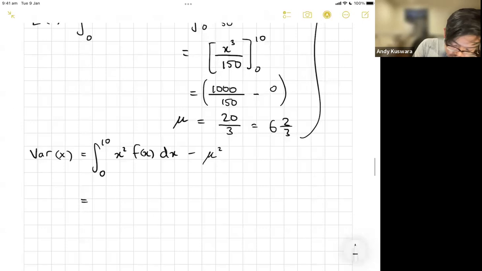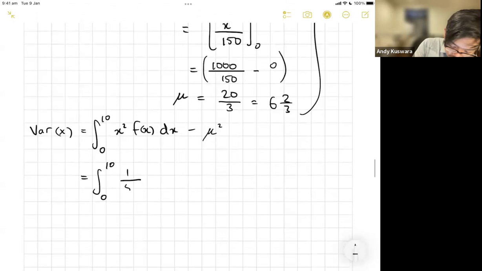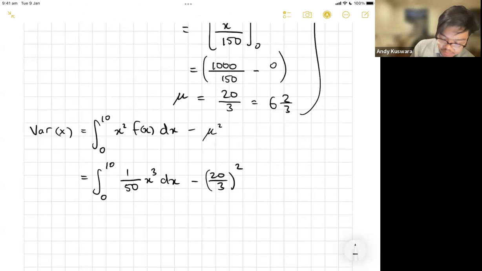So in this case, between 0 and 10, x squared f(x) is x squared times 1 on 50, so it becomes 1 on 50 x cubed dx. Then I just need to take away 20 on 3 squared.